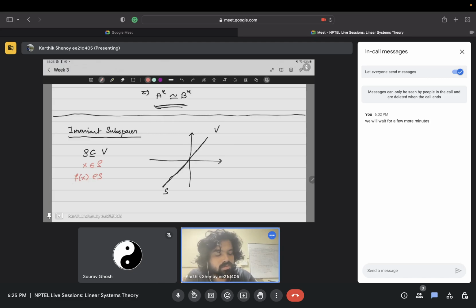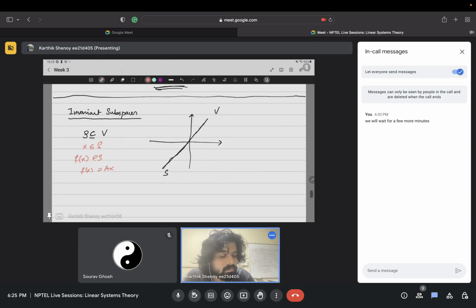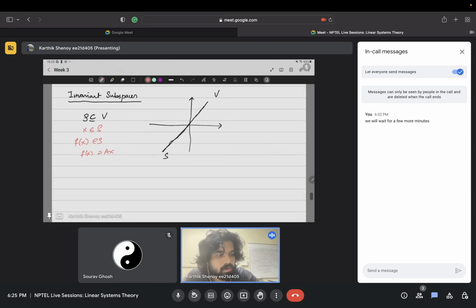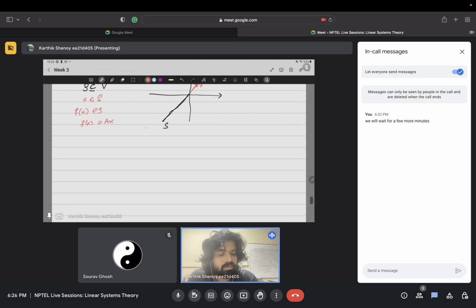You know that linear transformations can be written as f of x equal to some A times x, correct? So what are we saying? This is my S, and let's say this is my x. It tells me I should be on this line all the time, even after multiplying by A. So what does a matrix do to a vector? A matrix does two things: one is rotation, the other one is scaling. That is what a matrix multiplication does, right?